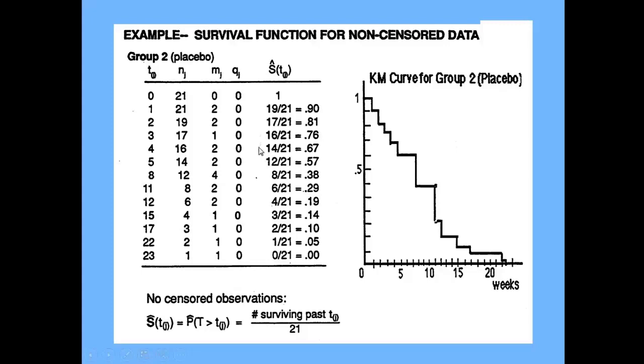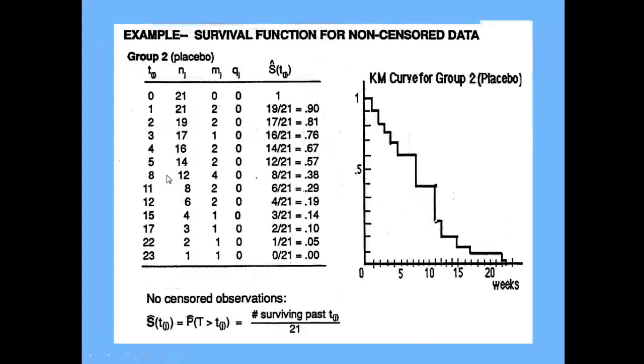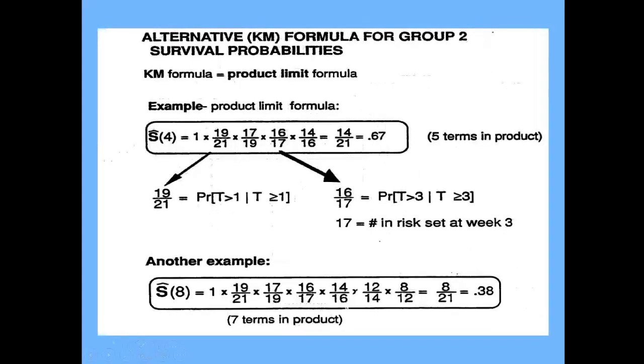But it also turns out that you could have written it as 1, which was the first one, times 19 over 21, times 17 over 19. So why is it 17 over 19? Where's the 17 over 19 coming in? Once you're at the second time that somebody fails, how many are in the risk set up to time 2?